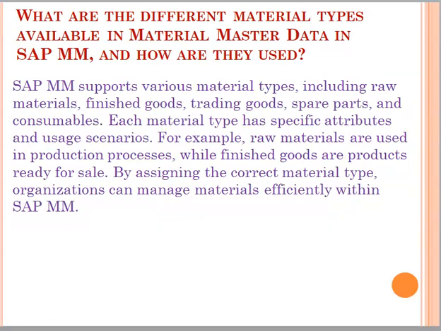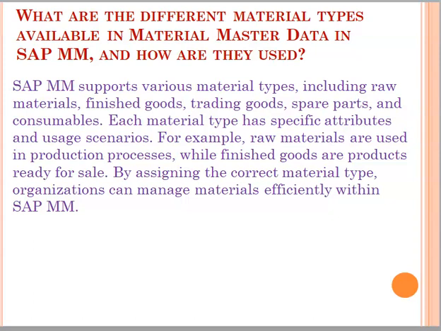What are the different material types available in Material Master Data in SAP MM and how are they used? Answer: SAP MM supports various material types including raw materials, finished goods, trading goods, spare parts, and consumables.